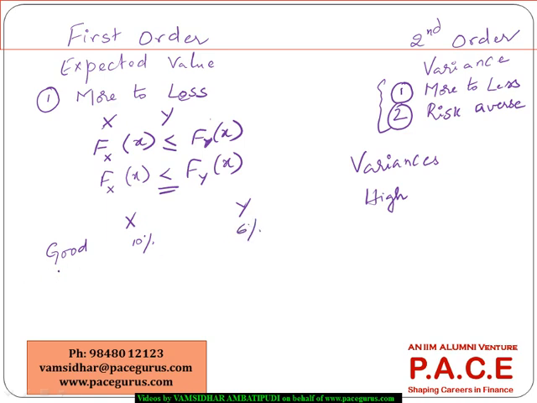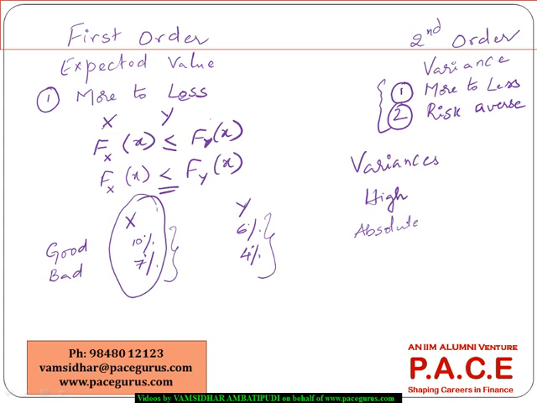When the economy goes bad, X will give a 7% return, whereas Y will give a 4% return. In any case, whether the economy is good or bad, X will give a much higher return compared to Y. This is the case of absolute dominance. X has an absolute domination over Y.